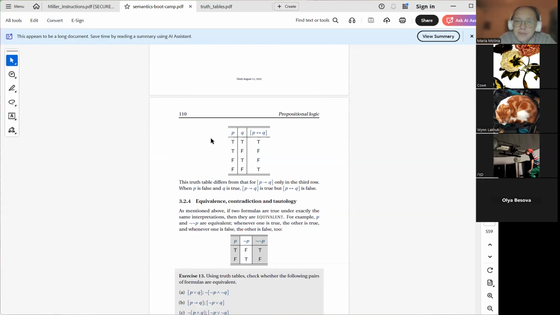If P then Q is true there, while in the case with if and only if, in the third line the result is false, and in the conditional case the result is true.